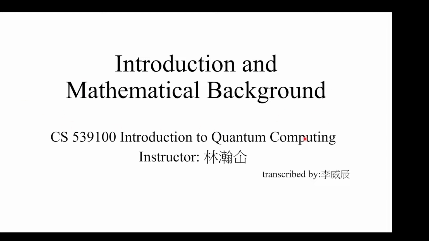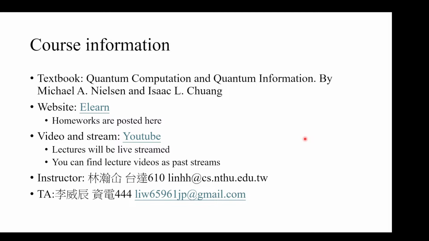Okay. And first, this is the course information, and we use this textbook, Quantum Computation and Quantum Information. This is a quite standard book by Han-Hsuan and Chang. We don't quite have the cover here, but it's a famous book. You can Google its name.